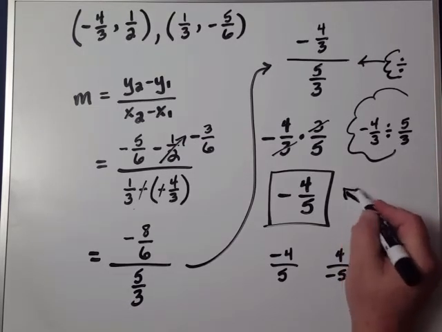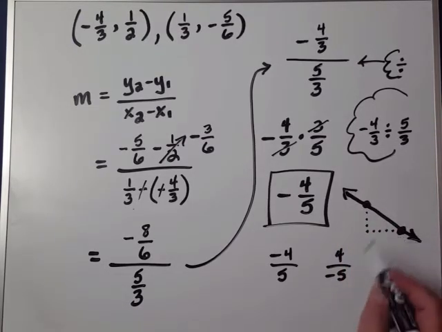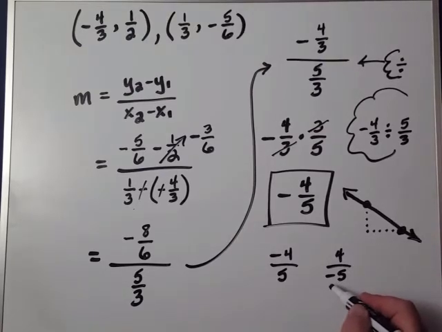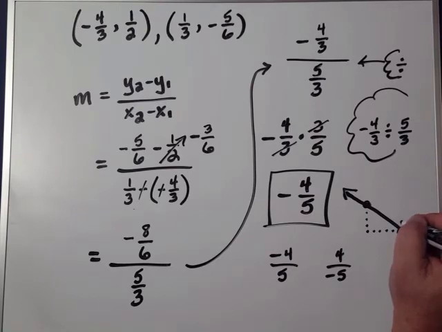So my line would look something like this. Or if I go up 4, I can go back in the negative direction 5. If I were to go up 4, 1, 2, 3, 4, and back 5, 1, 2, 3, 4, 5, same deal. Same deal.